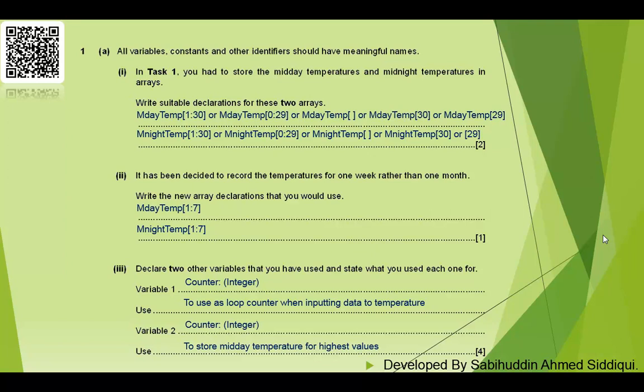Now here the solution can be, let's suppose, your given name. I have kept it as MDayTemp[1:30], that means midday temperature, with 30 locations from 1 till 30.